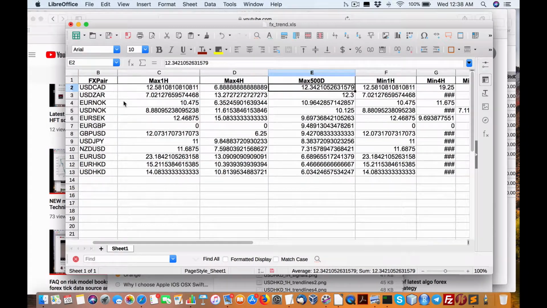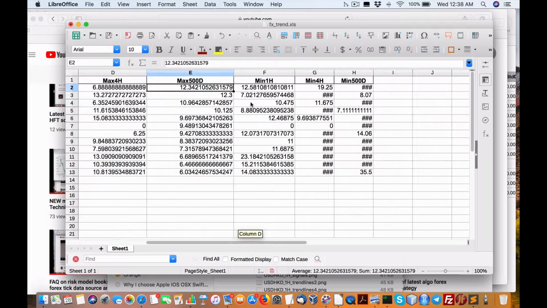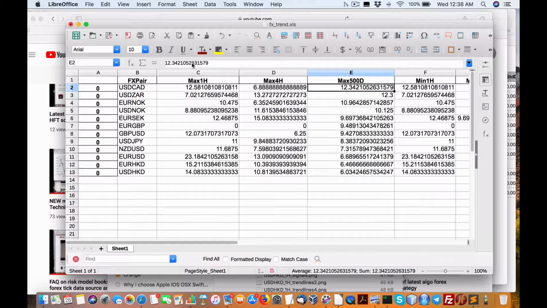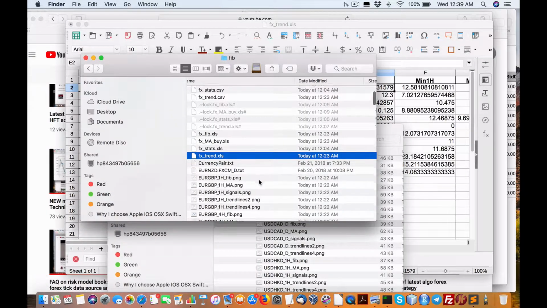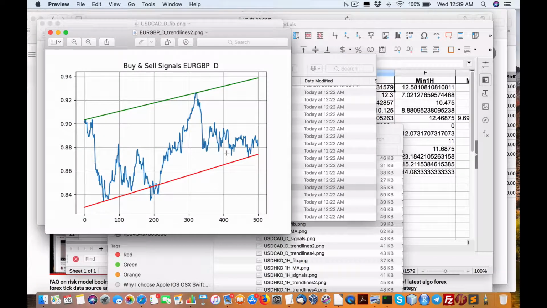They're all the same for all of these pairs, and there are only 13. For this one, trend, we're just measuring the trend of, for example, this trend line here for Euro British Pound daily. So that's what we're charting.